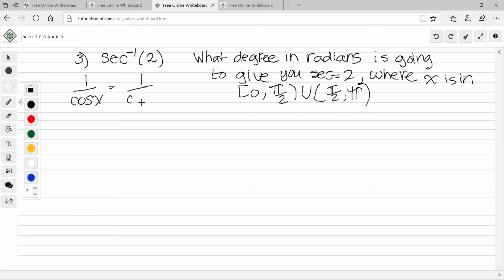So let's try cosine of pi over 3. That's really saying 1 divided by the cosine of pi over 3, which is 1/2, right? Cosine of pi over 3 is 1/2. And then when I multiply everything by 2 to simplify, that gives you 2 over 1. So we get +2. So pi over 3 is one of the possibilities, right?